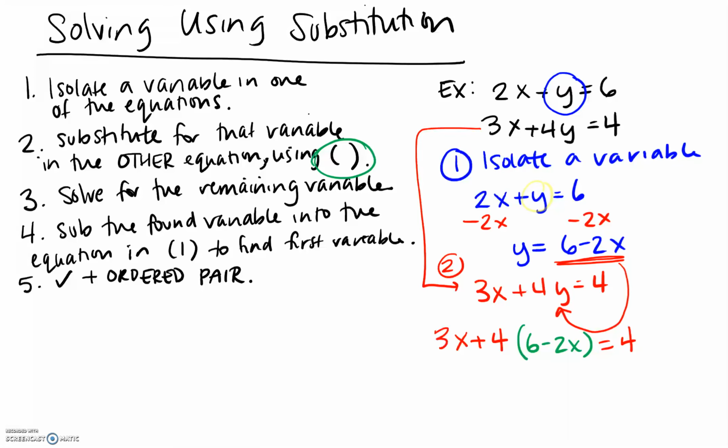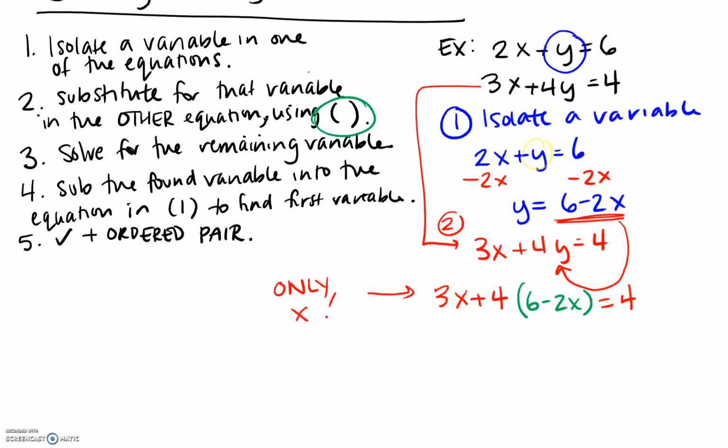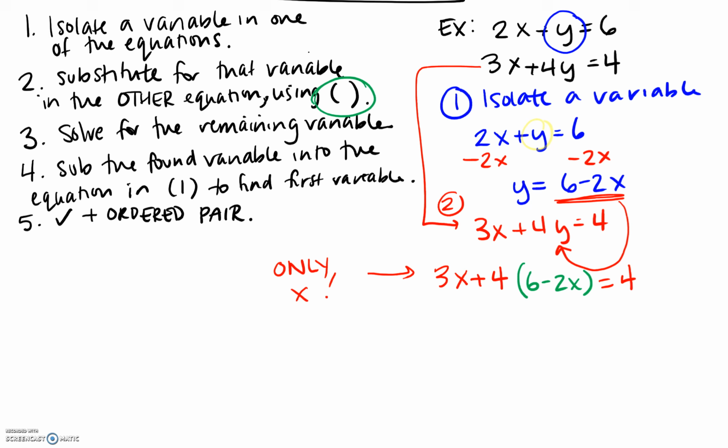Now we're ready to do step 3. We have an equation with only x's. This is the goal. Yay, this looks like our last test, right? We can solve this. We know the steps to solve for our remaining variable. So step 3, first thing we'd probably do is distribute to clear the parentheses. Then we would combine our like terms, right?